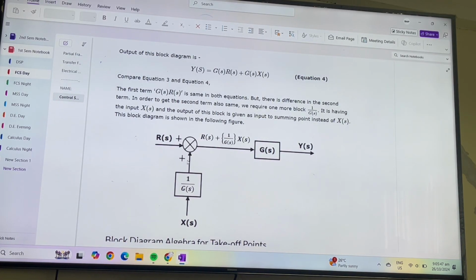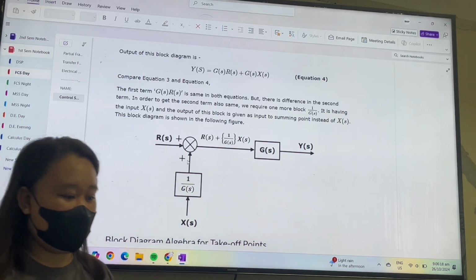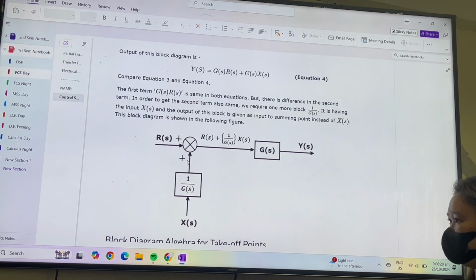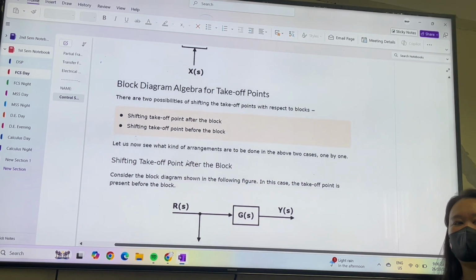So R of S, RS plus XS, all over G of S. Now these two must be multiplied with the G of S. So R of S, G of S, plus X of S, which is identical to the equation of the previous level. Okay. Understood? Now, we're done with summing points.